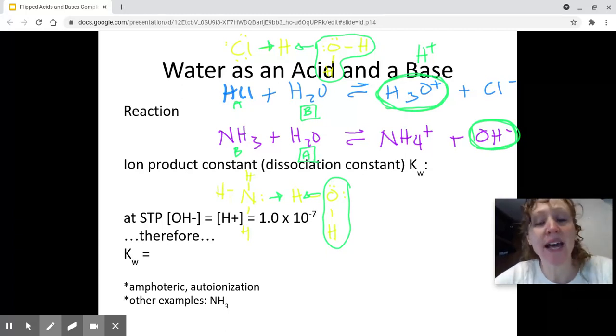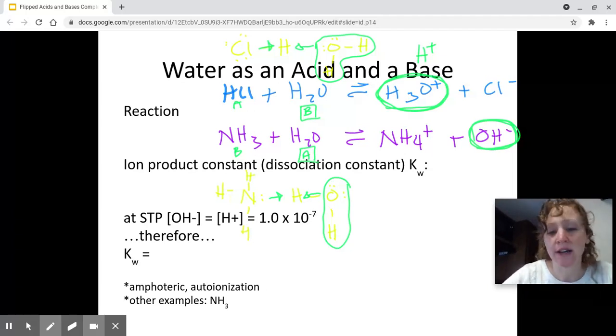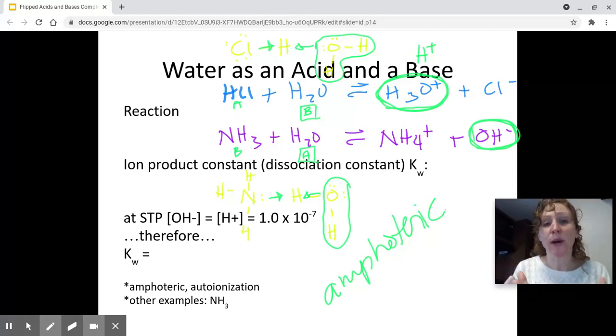So notice that water can act like a base in some circumstances. Water can also act like an acid in certain circumstances. We say that water is amphoteric. It has multiple ways that it can behave.